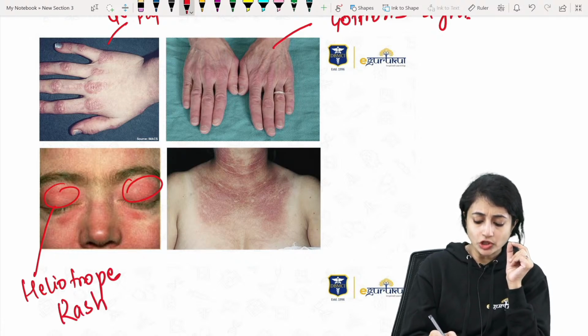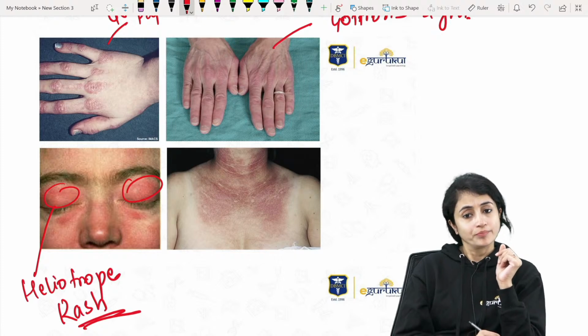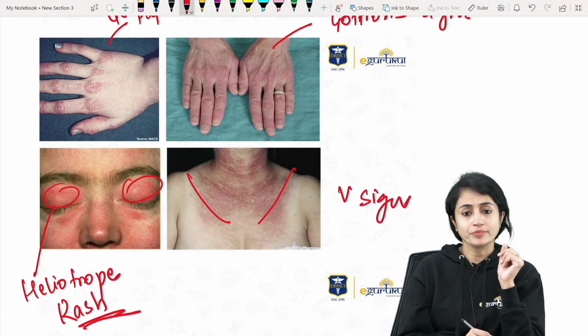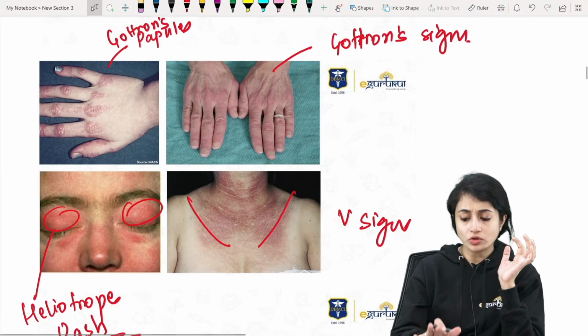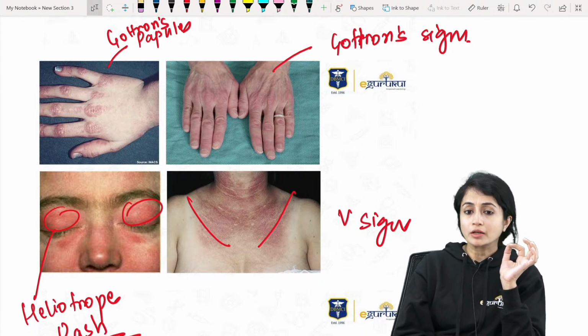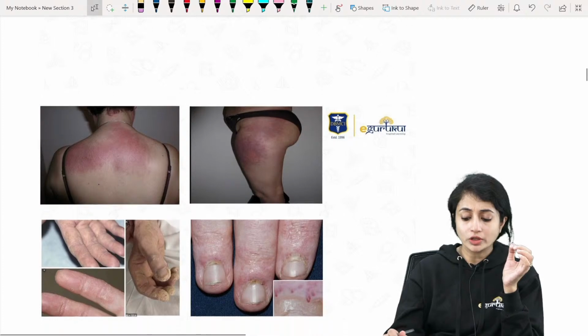Sometimes they ask you, heliotrope rash is seen in. Or they may be present on the neck, then it is called V sign. What is important for you is Gottron's papules, Gottron's sign and heliotrope rash. But remember, this can be present on other body areas also.